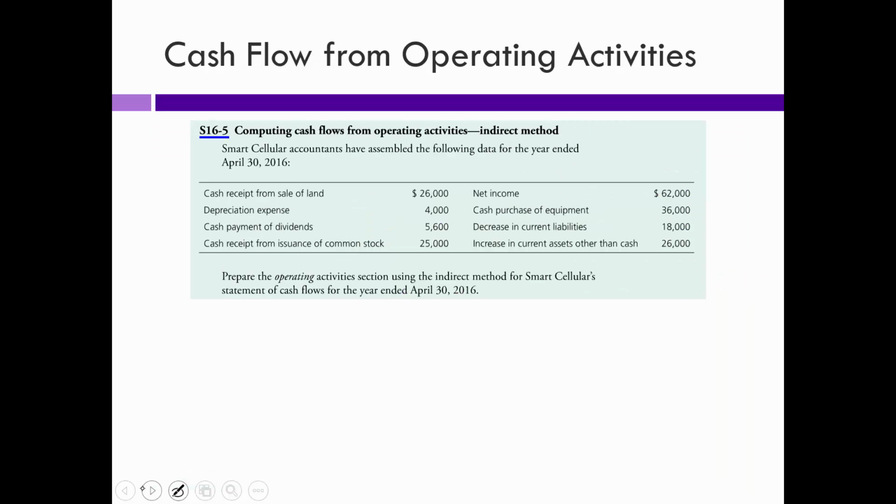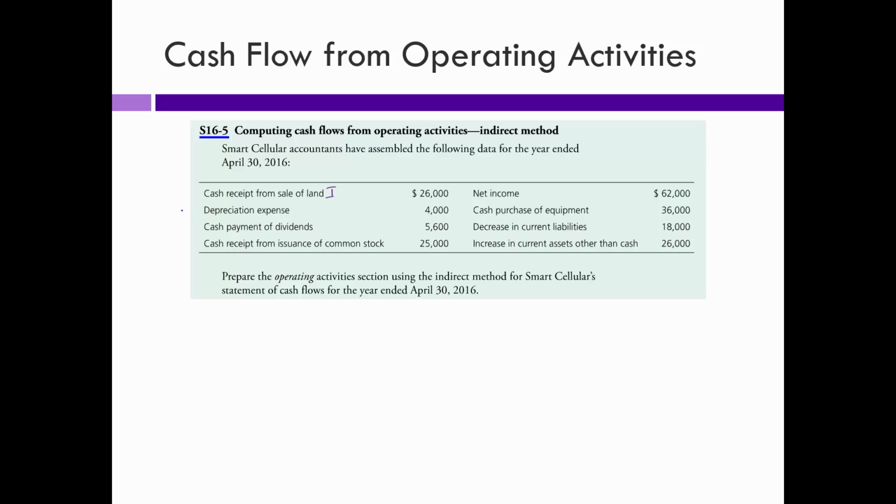Okay, so here's a problem where we're just going to do the operating section of the statement of cash flows, which means we don't need all of these, right? So what do we need for operating? We don't need the cash receipt from land because that's going to go under investing.